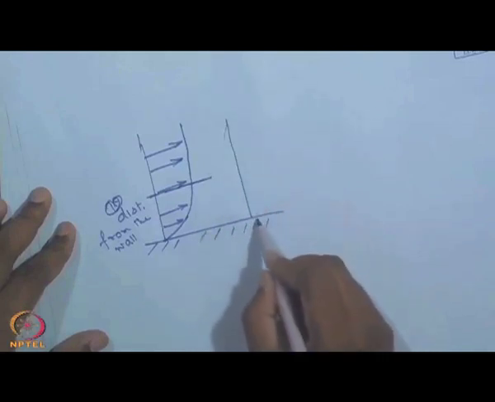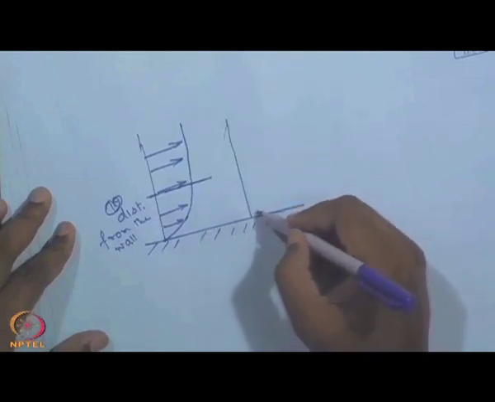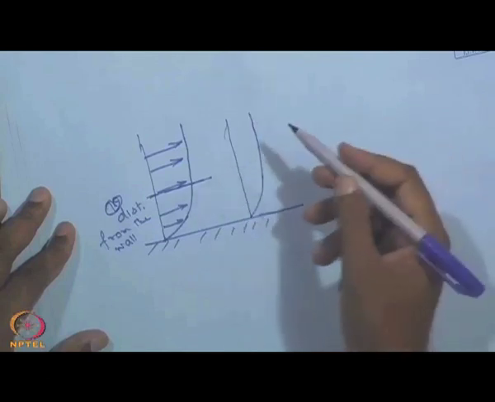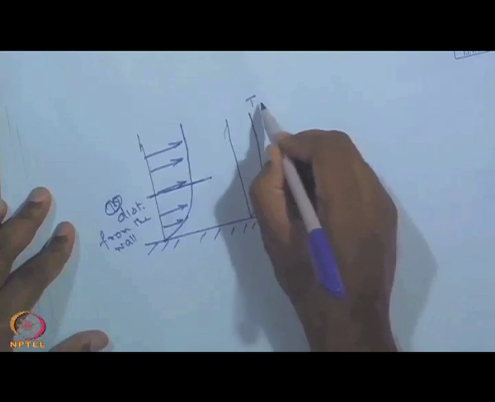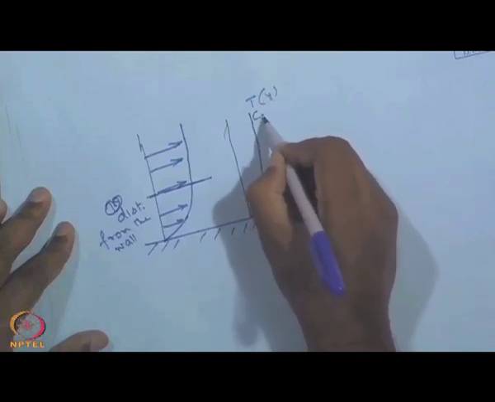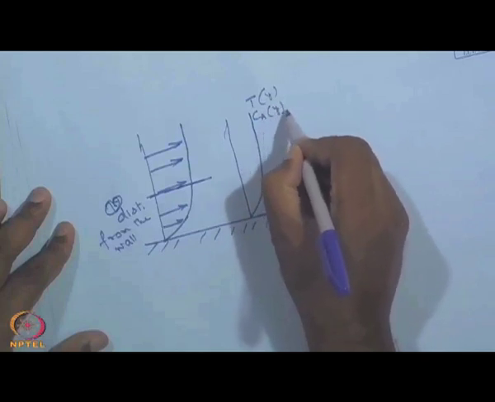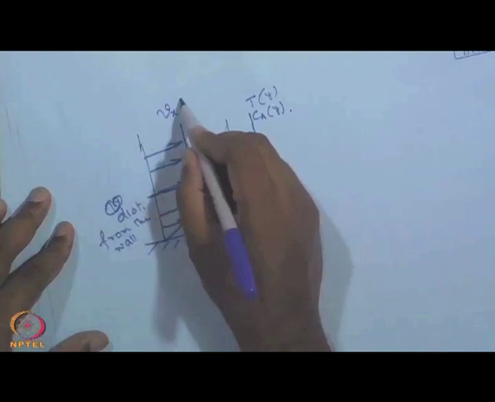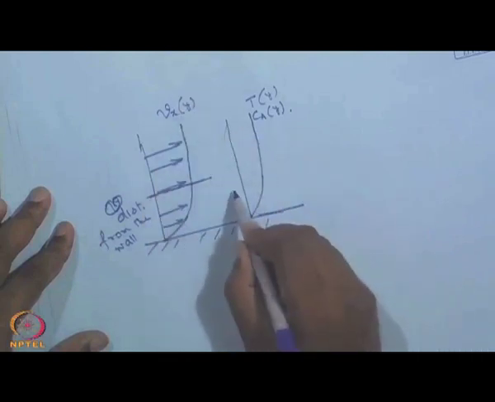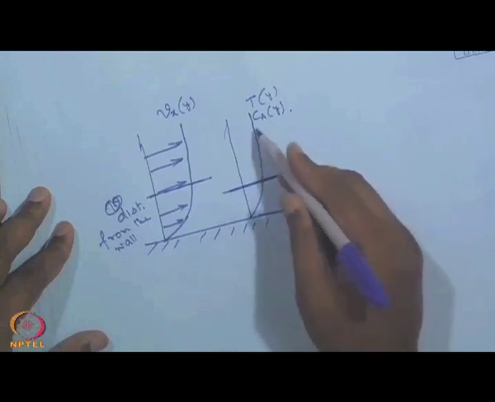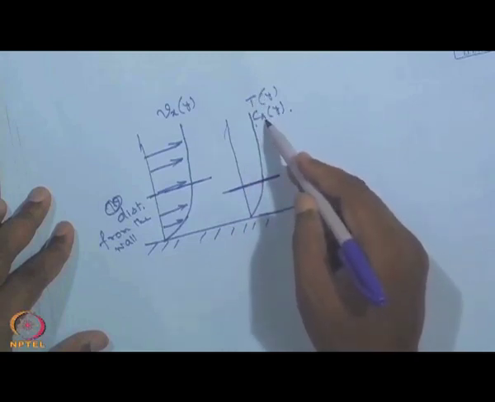Similarly, for the case of thermal temperature profile or species profile, this could be either T as a function of y, or the concentration of one species as a function of y, whereas this is velocity in the x direction, the main flow direction, as a function of y. So, there would be some plane beyond which the temperature or the concentration does not vary.